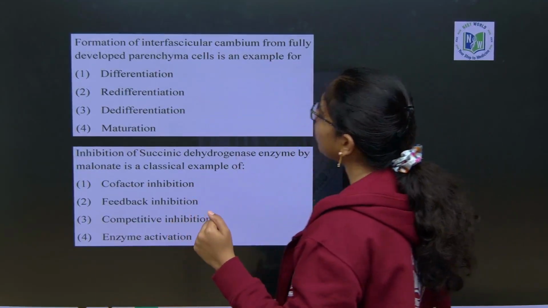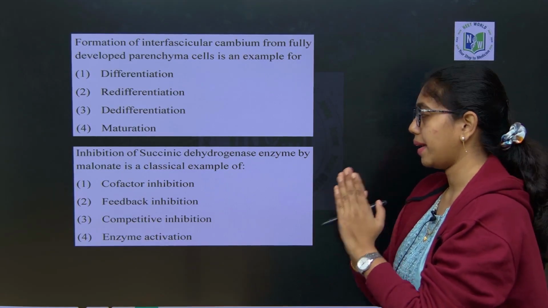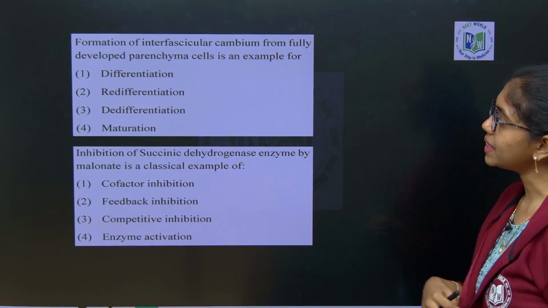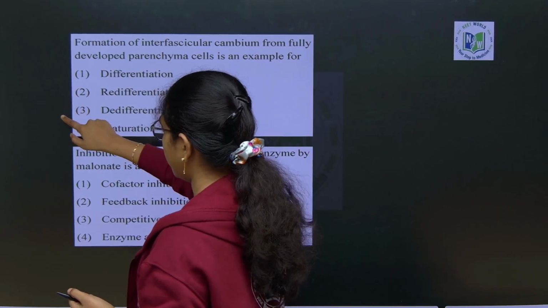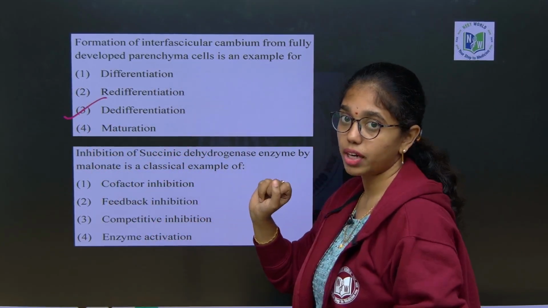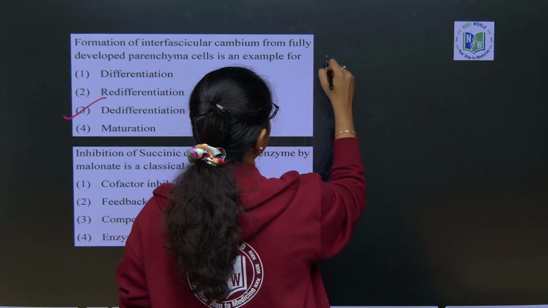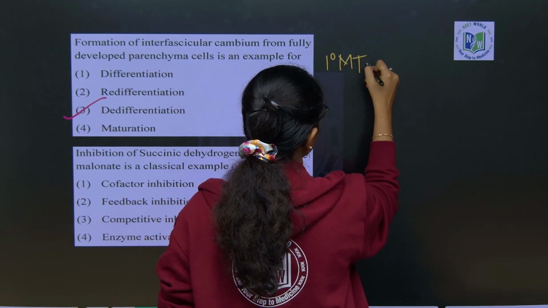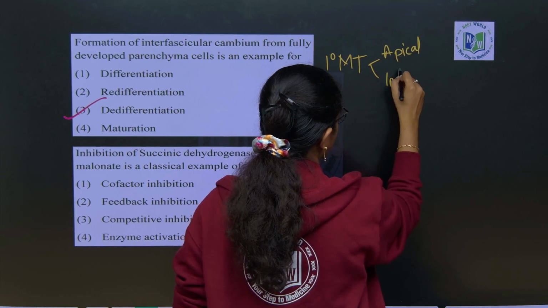Next, formation of intervesicular cambium from fully developed parenchyma is the best example for what? De-differentiation. How? Let us quickly remember all the tissues. First, primary meristematic tissues include apical and intercalary meristems, right?